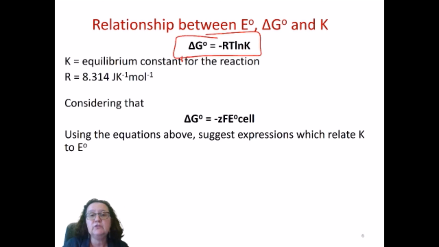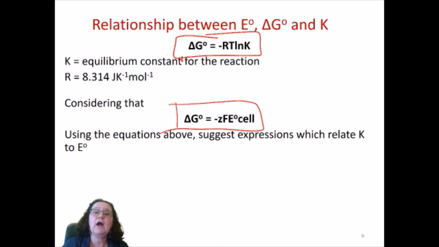The change in Gibbs energy is equal to minus R, which is the gas constant for ideal gases, times T, the temperature in kelvins, times the log of K, the equilibrium constant for the reaction. And on the other hand, we have this other relationship. Delta G is equal to minus z F times the electrode potential of the cell, with z being the number of moles of electrons exchanged and F Faraday's constant.